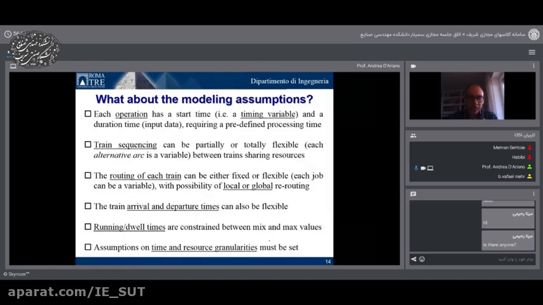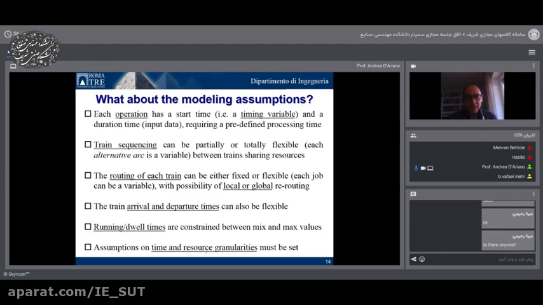And then in general, I want to remark that the assumptions on the time and resource granularity are very important. The more you go in depth in representing the timing, like at the order of seconds, even milliseconds, the more you will have an increase in the number of variables.